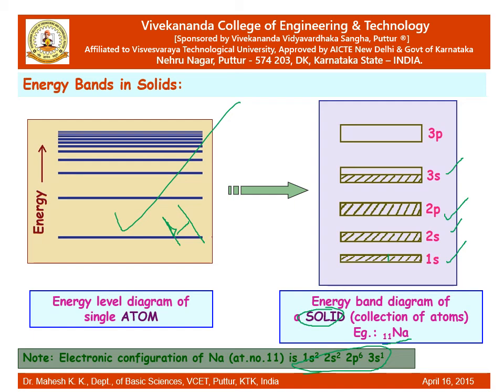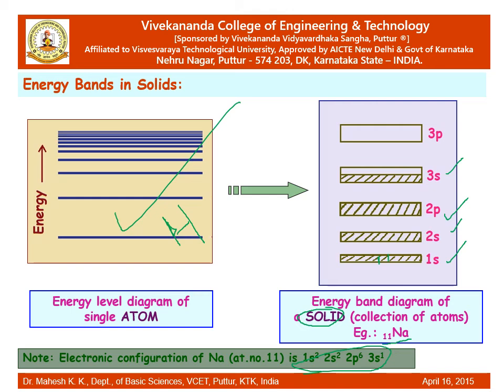Listen to that very carefully. Each electron in a given orbital in different atoms in a solid is going to have different energy values. That is why we are having the band.